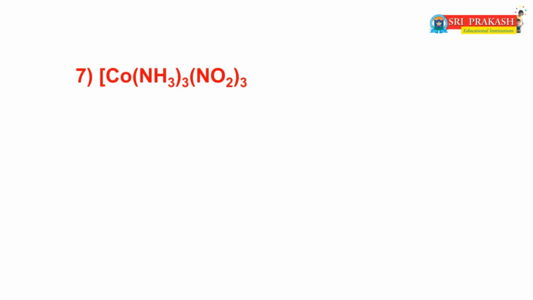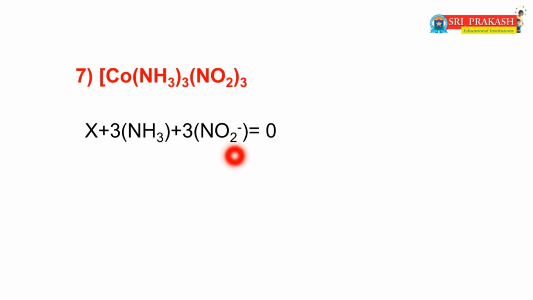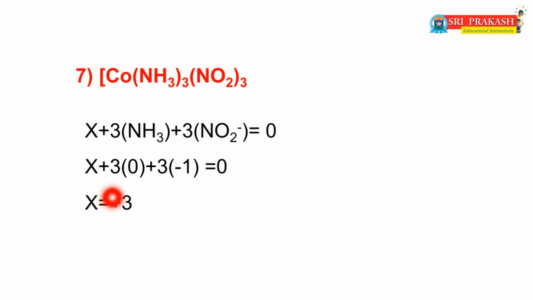Okay, next example, [Co(NH3)3(NO2)3]. NH3 is a neutral ligand, that means the ammonia ligand does not have any charge, but NO2 is a negative ligand, that means this ligand has minus charge. So X plus 3 into NH3 plus 3 into NO2 minus equal to 0, because this complex does not contain any charge. So in this complex, the oxidation state of cobalt is plus 3.